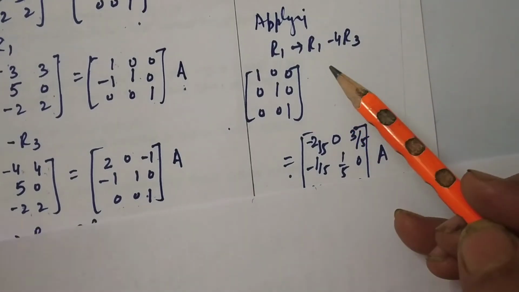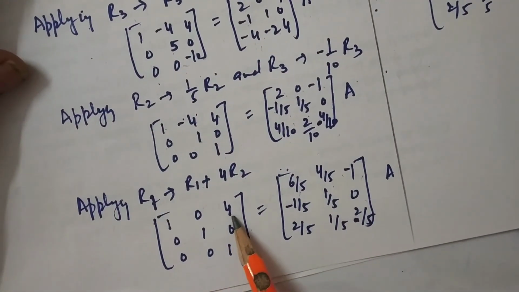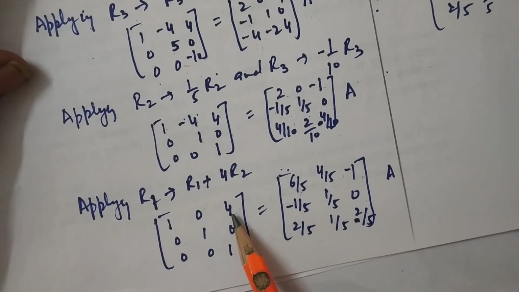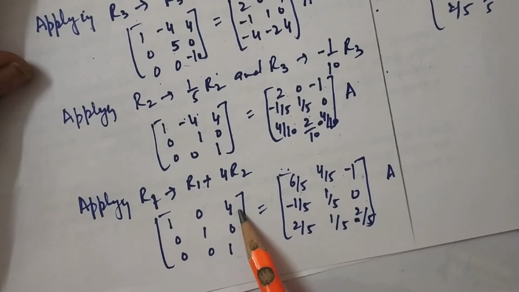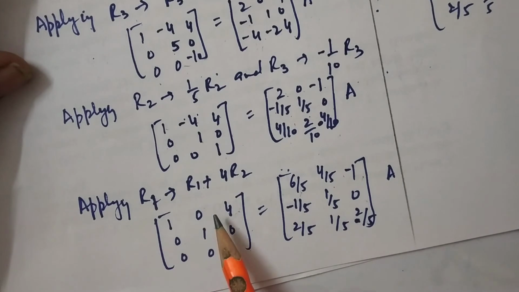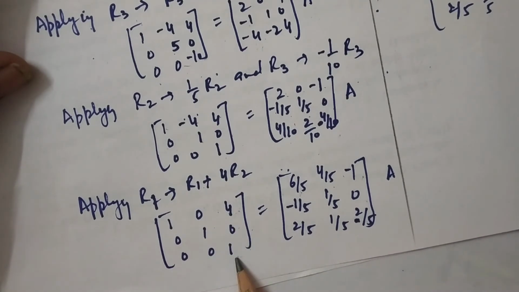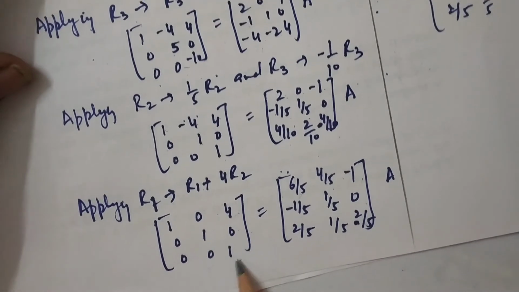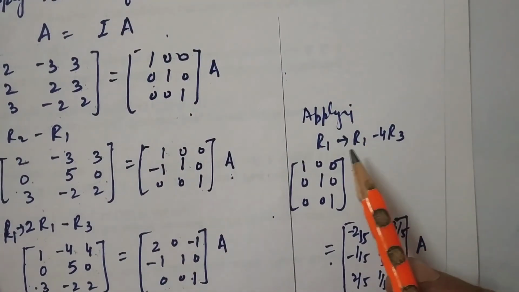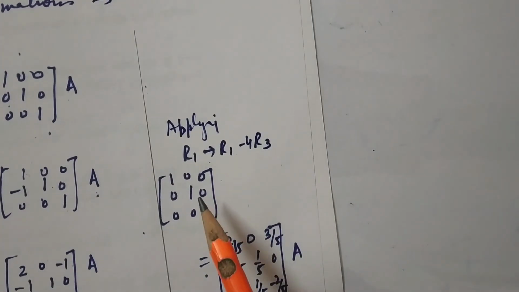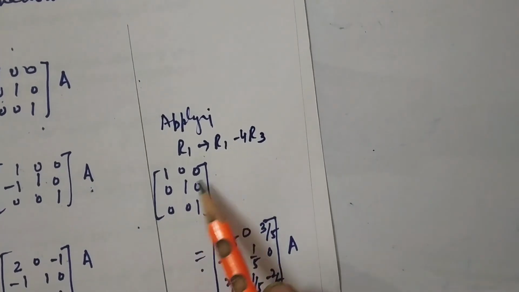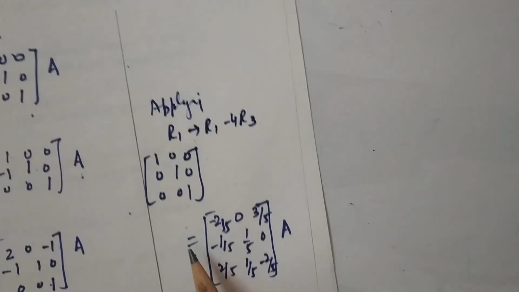Now the next step: since only one element has to be solved, if I apply the operation in R1 and R3, this will vanish. So I apply R1 goes to R1 minus 4 R3. That way I get the left side all clear as an identity matrix.